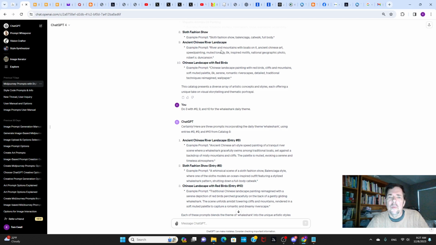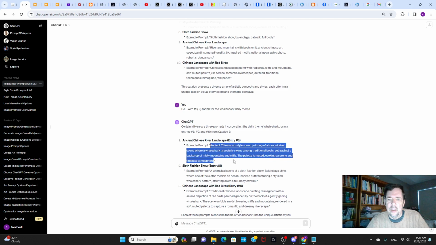So it took out the name of the fellow. It said ancient Chinese art style speed painting of a tranquil river scene with a whale shark gracefully swimming among traditional boats set against a backdrop of misty mountains and cliffs. The palette is muted, evoking a serene and timeless atmosphere. So that's quite a nice prompt.